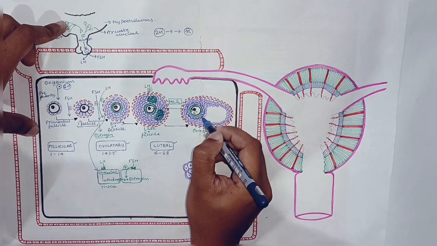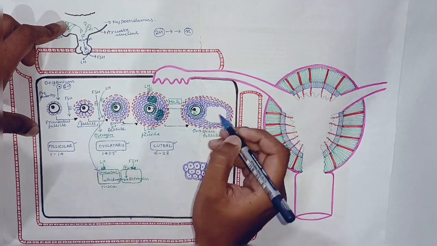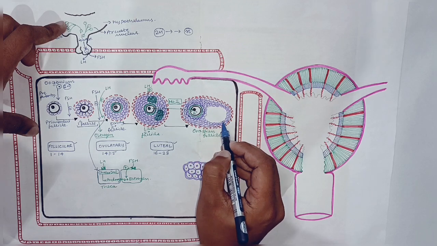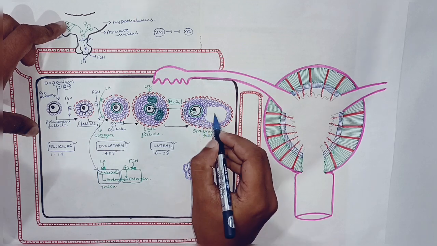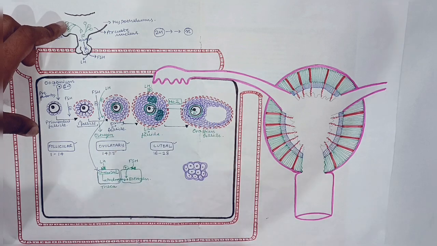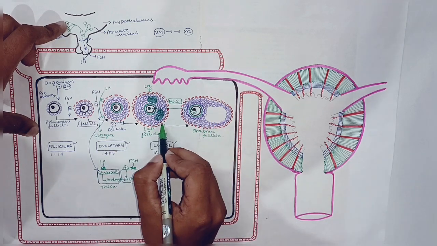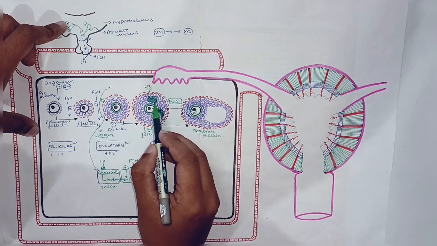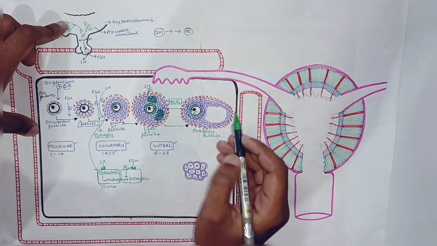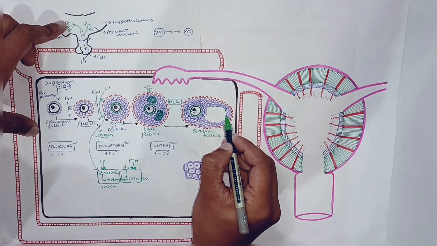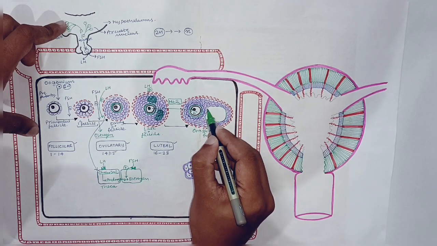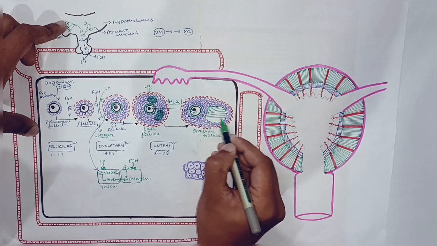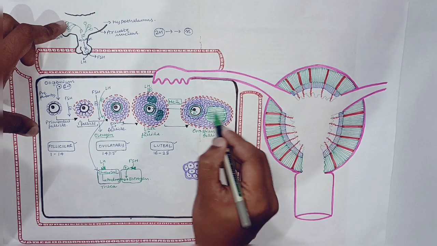And can you see this portion? This portion is a big cavity, and this cavity is known as your antrum. So what happens is that during conversion of this late secondary follicle into your Graafian follicle, this follicular fluid fuses together and gives rise to a big cavity which is known as your antrum. This is your antrum.